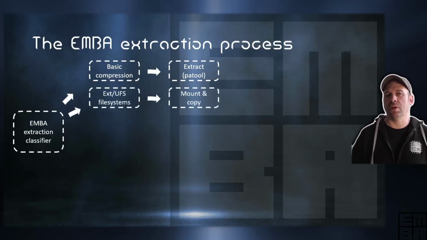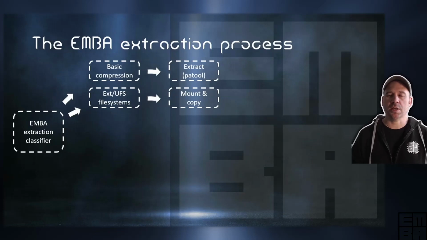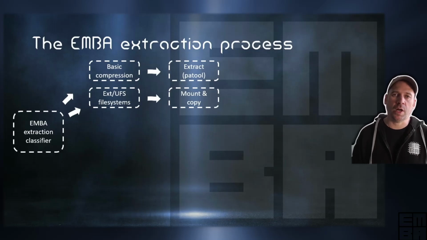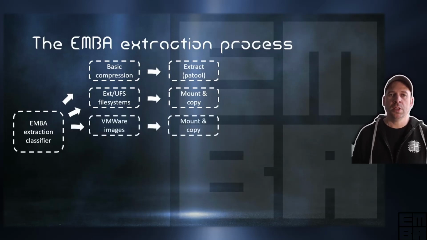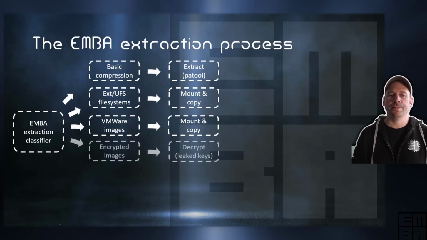It's a little bit different on some interesting or special file systems like ext file systems or UFS file systems. We can mount this file system and copy the files from it. The same on VMware images. As we get a lot of VMware images during our daily business, we need a valid extraction mechanism for it. So mount it, copy it, and you're good to go.